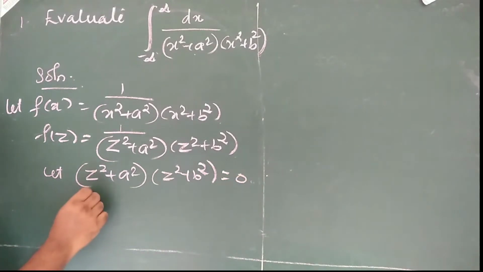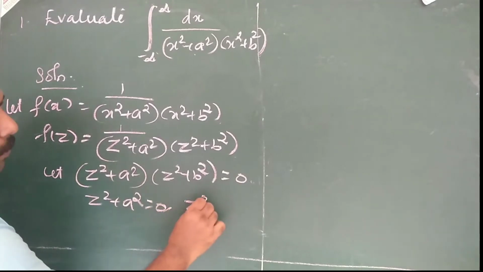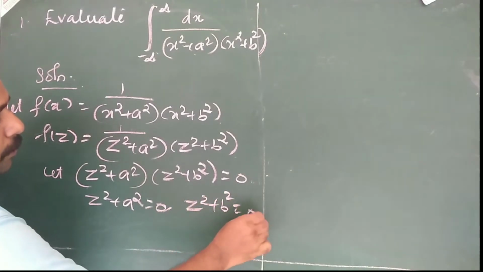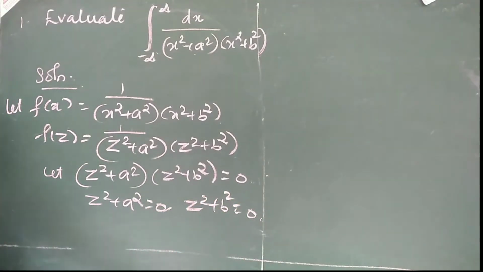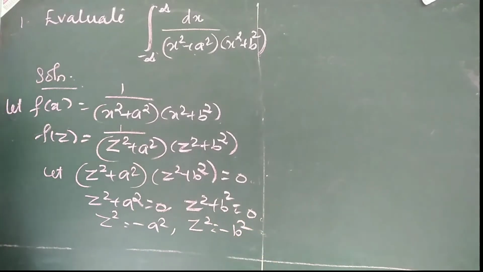So that is z square plus a square equal to 0, z square plus b square equal to 0. That is, z square is equal to minus a square, z square is equal to minus b square.